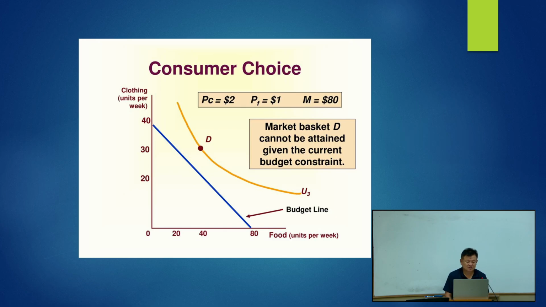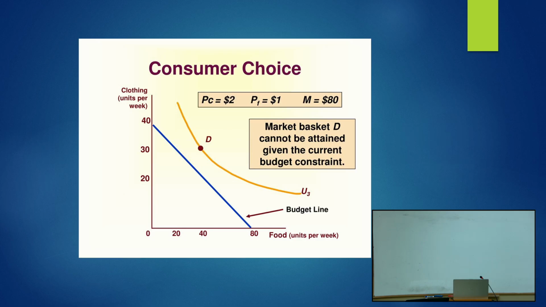So consumer choice is shown here. The vertical Y-axis is clothing, units per week, for example. The horizontal X-axis means food, units per week.